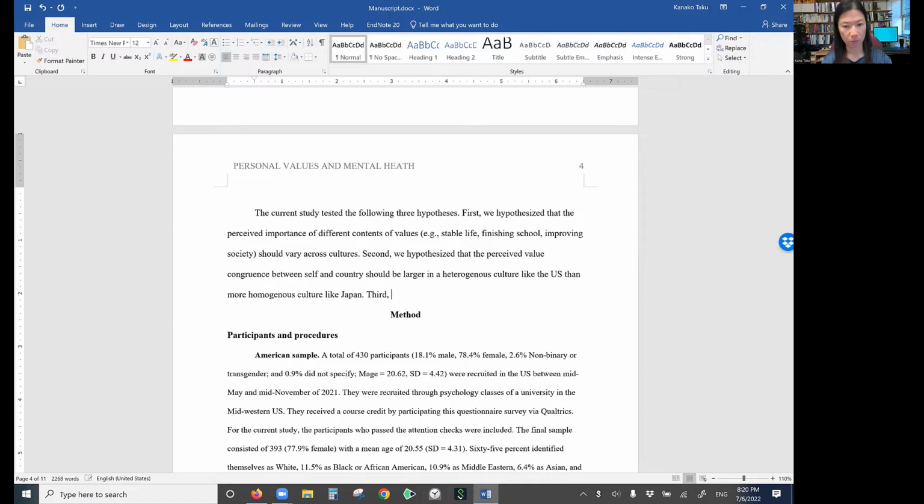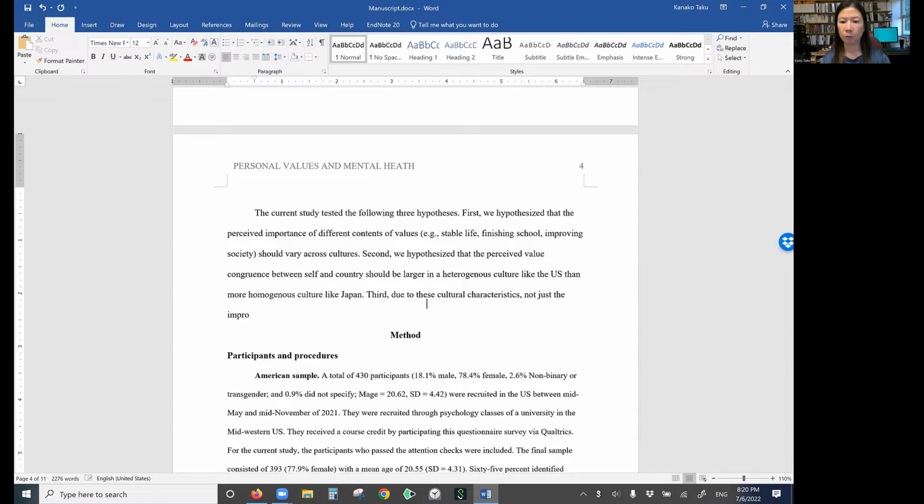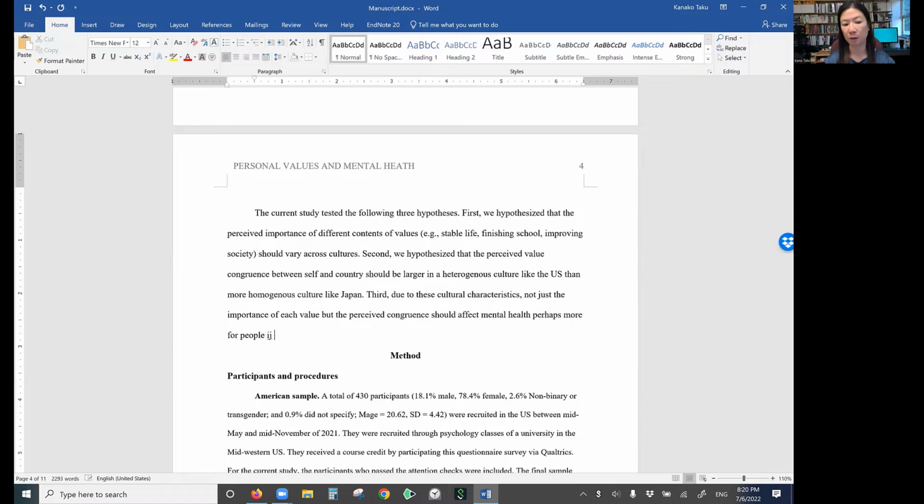Third, due to these cultural characteristics, not just the importance of each value, but the perceived congruence should affect mental health, perhaps more for people in Japan than those in the United States.